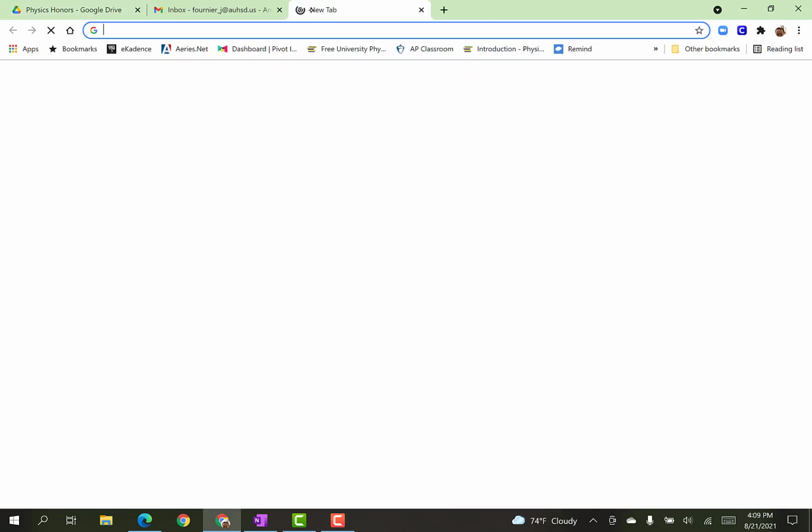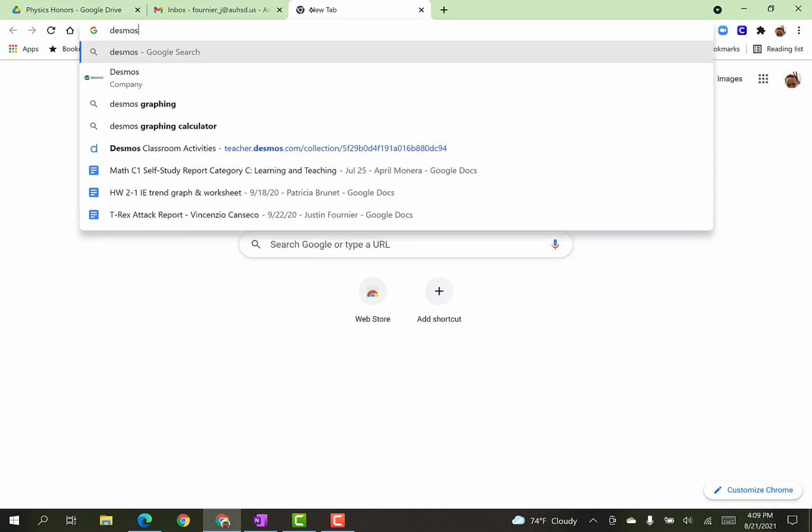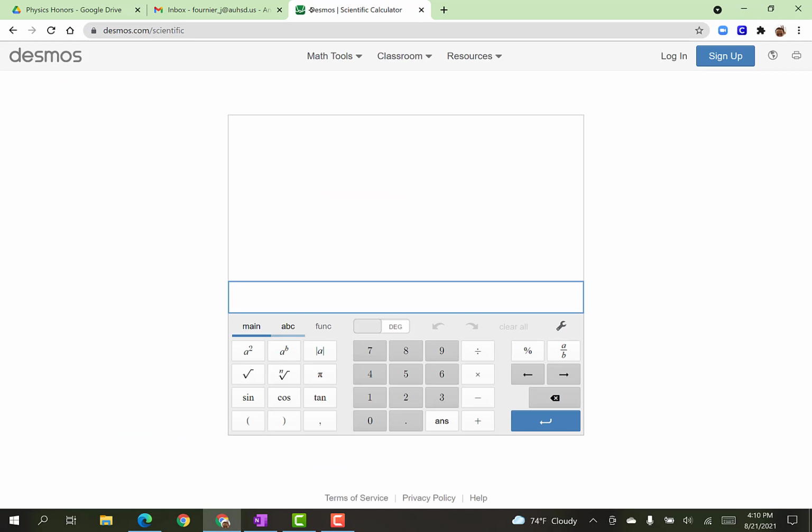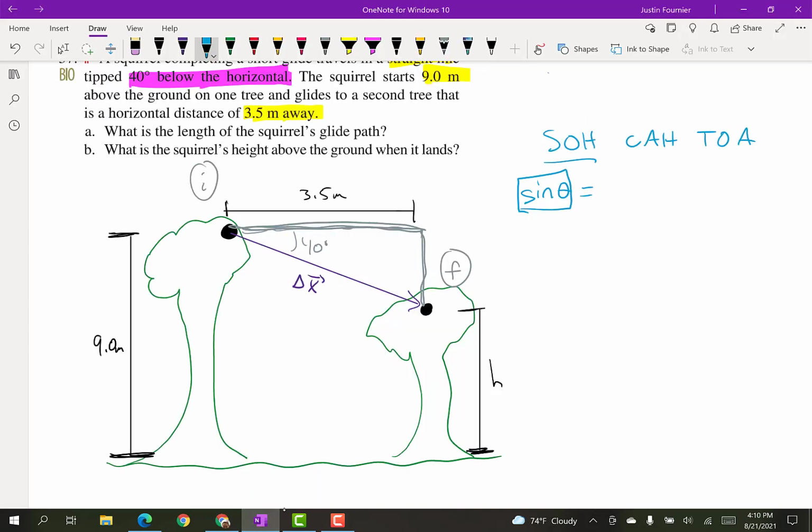If I go to Desmos and choose the scientific calculator, and I write the sine of some angle, like 30 degrees, I get a ratio of 0.5, where sine of 60 degrees gives me this, and sine of 75 degrees gives me that. Sine of 90 degrees gives me 1. So it's always a ratio, and sines and cosines are always between negative 1 and positive 1, or the magnitude is between 0 and 1.